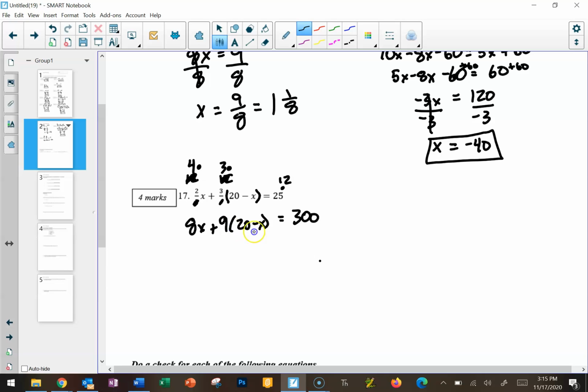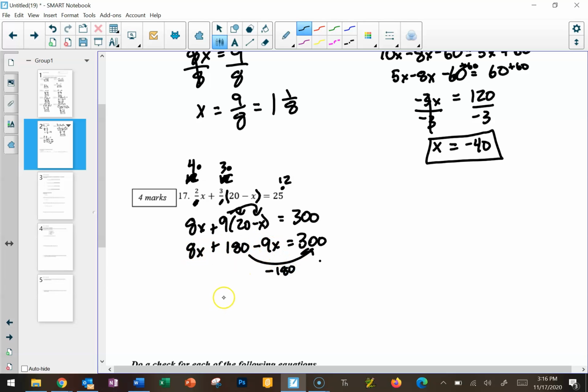Okay, now before we do anything else, we gotta distribute this positive 9 through the brackets. So I'm going to leave the 8x, and then I've got 9 times 20 is 180, and then 9 times a negative x, which is negative 9x, and then nothing changes on the other side. So we've got to bring this negative 180 to the other side, and then we can simplify 8x minus 9x.